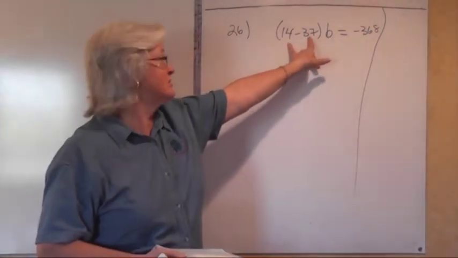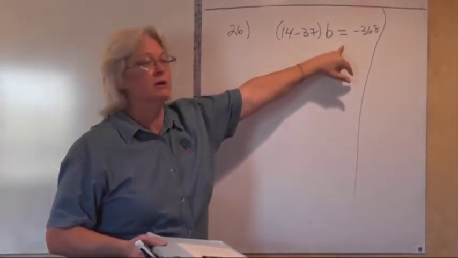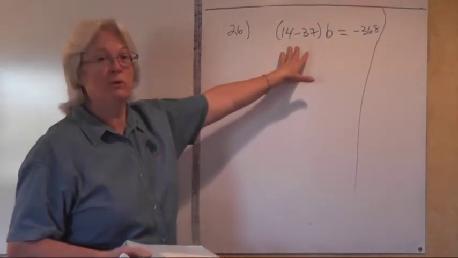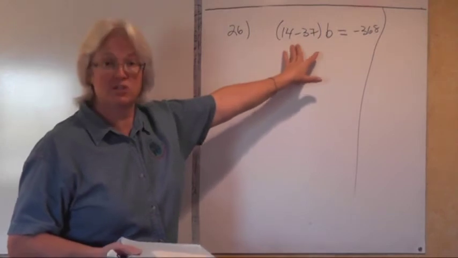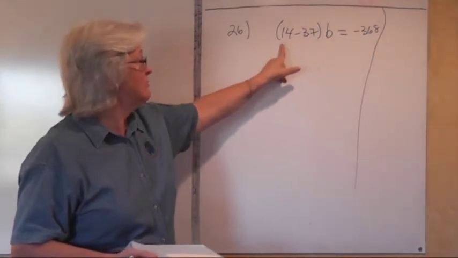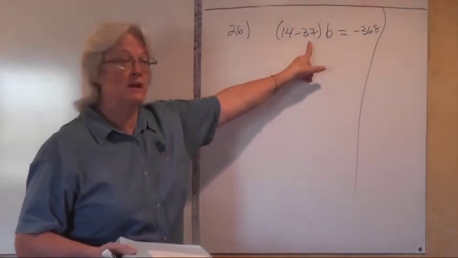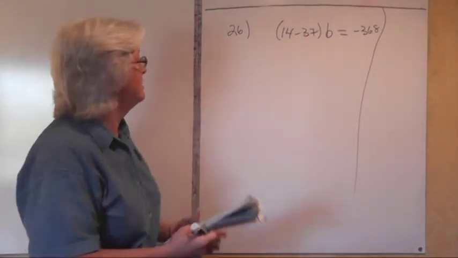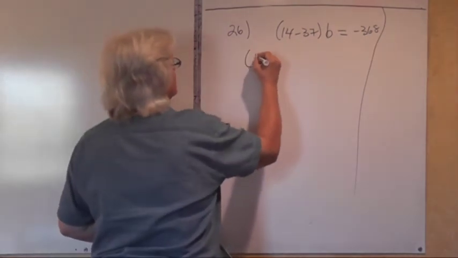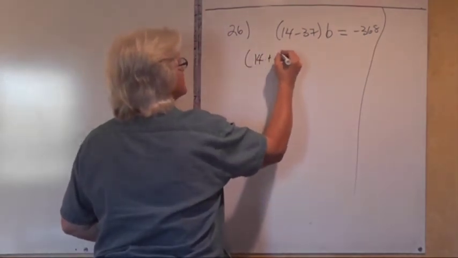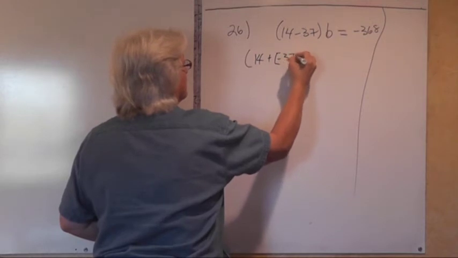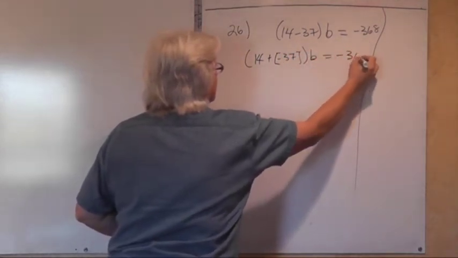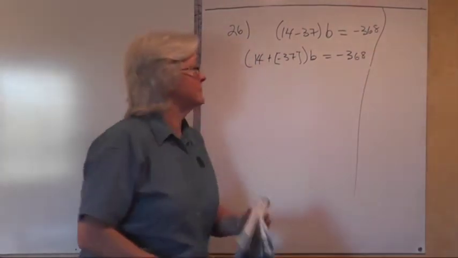Quantity 14 minus 37 times b is equal to negative 368. What do we do first? We complete the operation inside the parentheses. 14 minus 37, when you're subtracting numbers, it's the same as adding the opposite. You can show this as 14 plus a negative 37 times b is equal to negative 368.